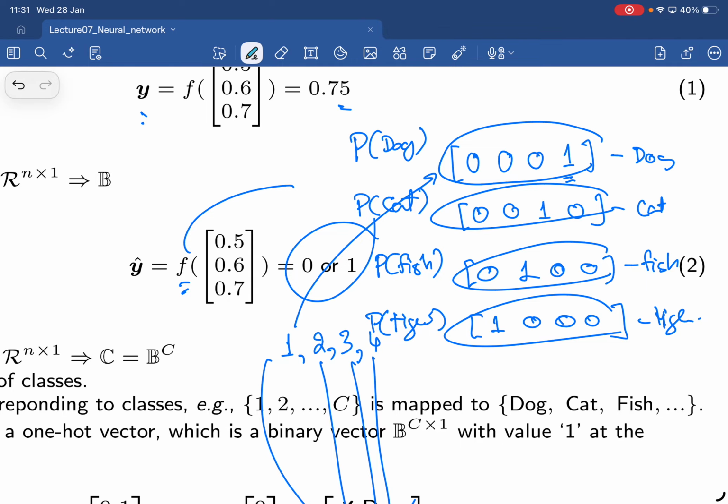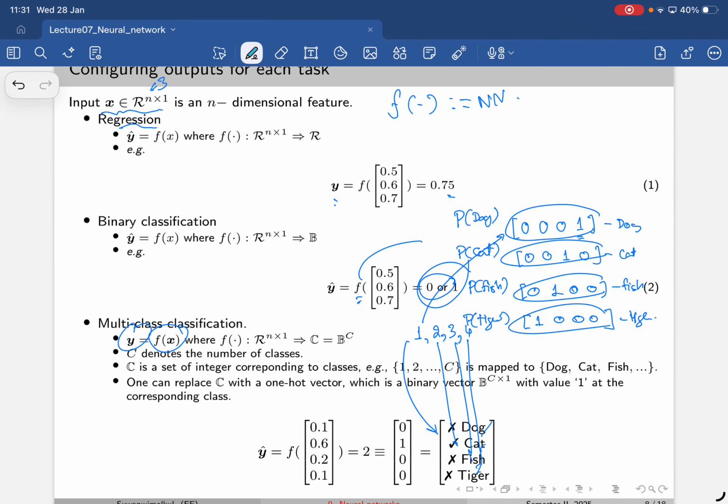Last time we only did 0 or 1, and if you remember, when we did 0 or 1, we used logistic regression, right? We used a function like 1 over 1 plus e to the exponential of negative x transpose beta. This is binary.